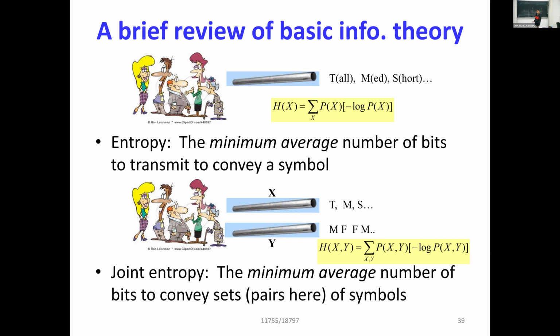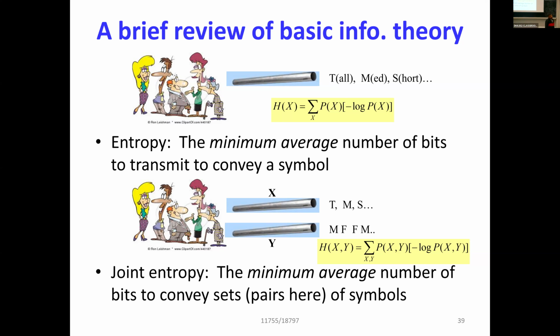So what can you tell me just intuitively? If I were sending information about both height and gender jointly, would I be using the same number of bits as if I sent information about height and then sent information about gender separately? Not likely. Why not? Because the new number of bits on average would be the entropy of the joint distribution.